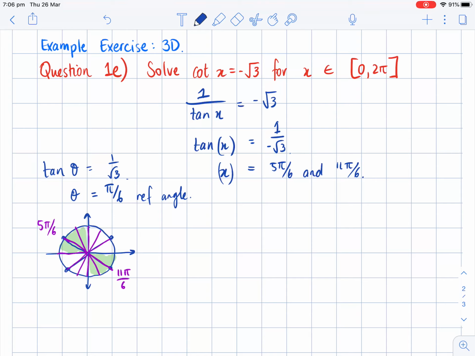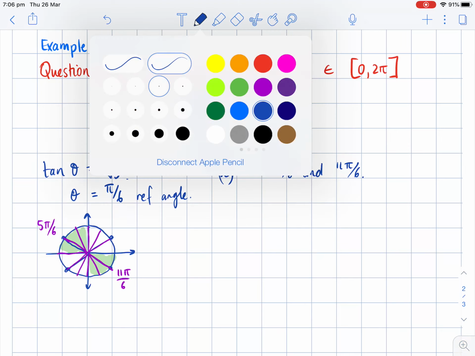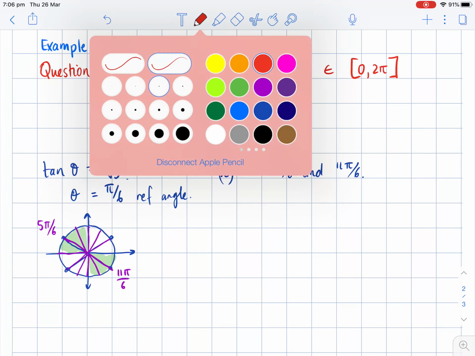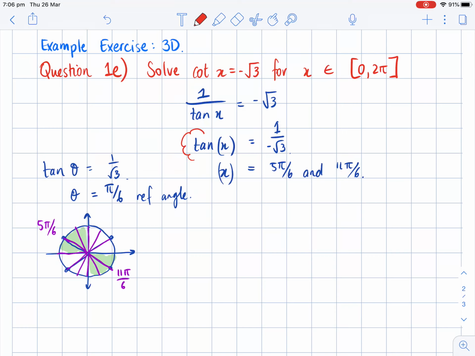But what I want to show you, because this will come in handy later on, is we can use the general solution. So if I go back to this point right here, I'm just going to rewrite that.